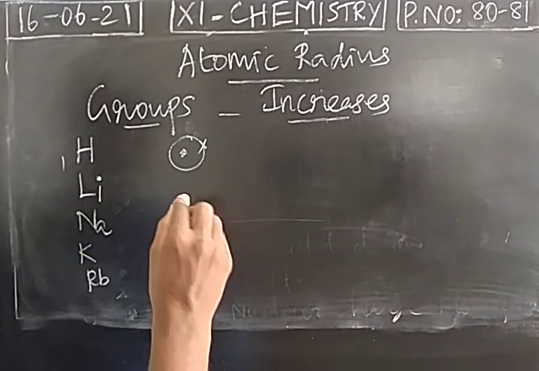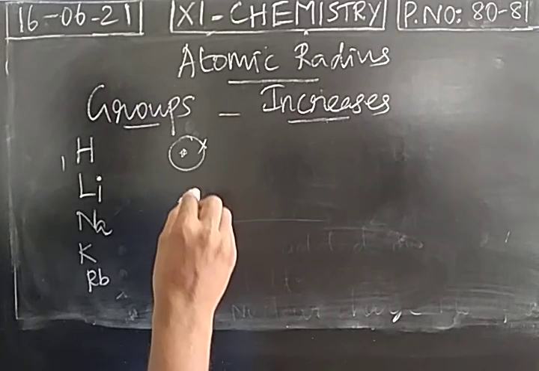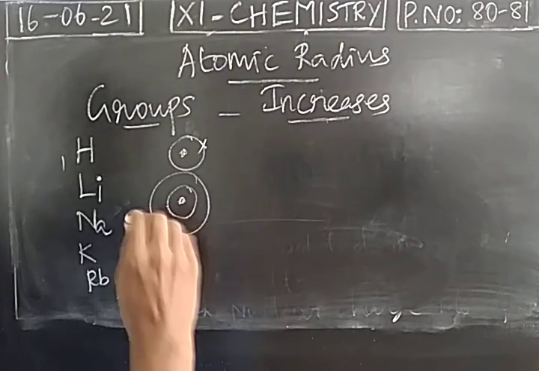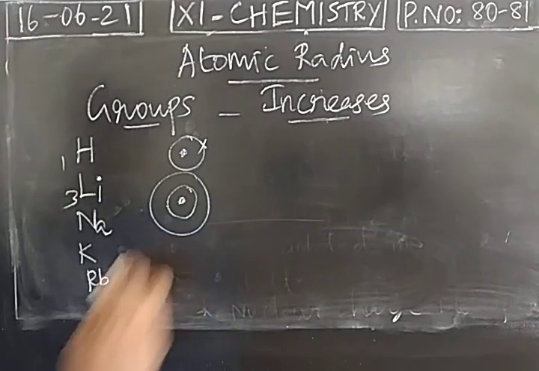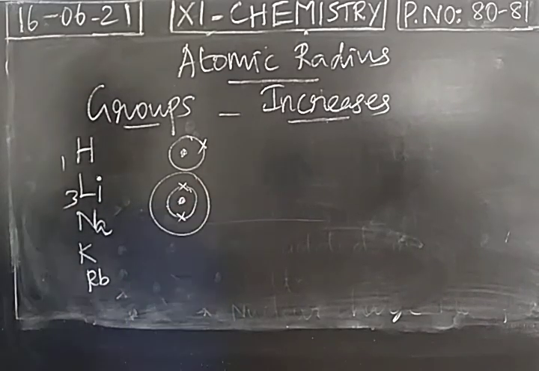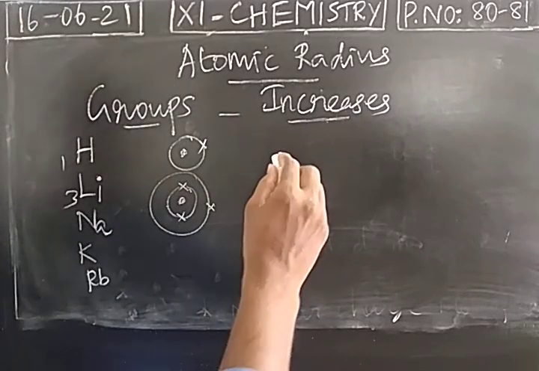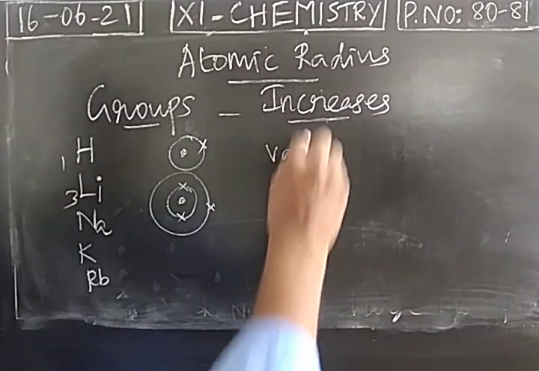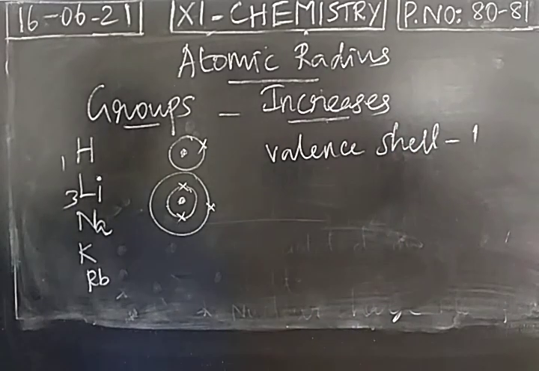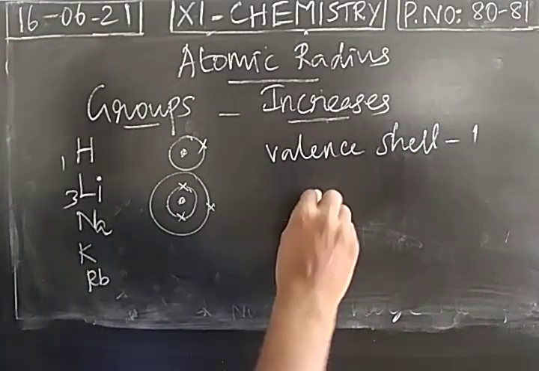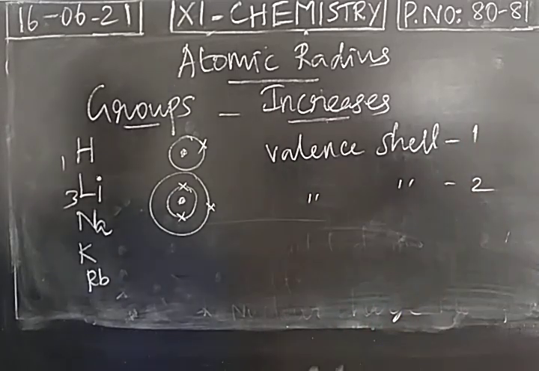You consider lithium. Lithium has totally 2 cells. Atomic number 3. 2 electrons present in the first cell. 1 electron is present in the second cell. So for hydrogen, what is a valence shell? Valence shell means last cell, first cell. For lithium, valence shell is second cell.